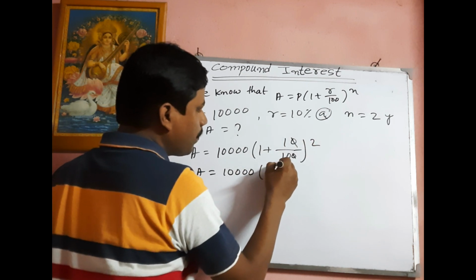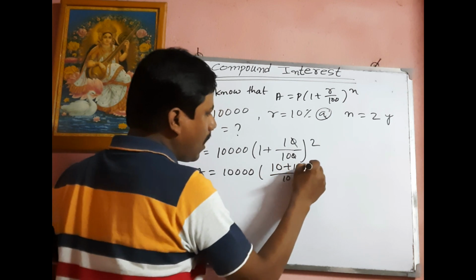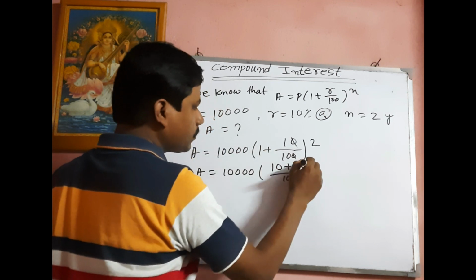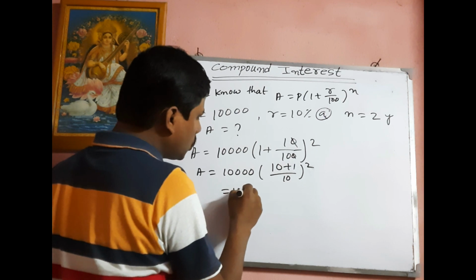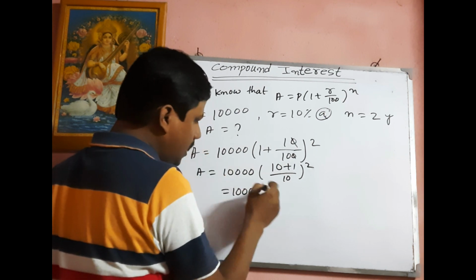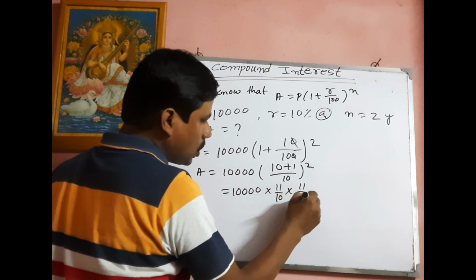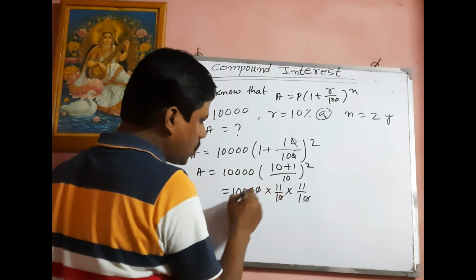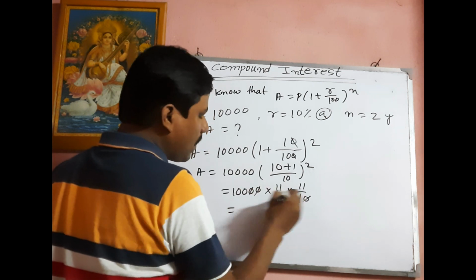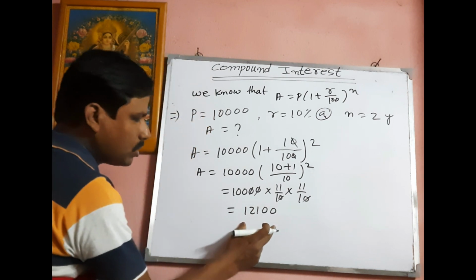So this will be 10 plus 1 divided by 10, squared, that is 11 by 10 multiplied 2 times. So 11 into 11, that is 121, and 00 is there. So this is the amount.